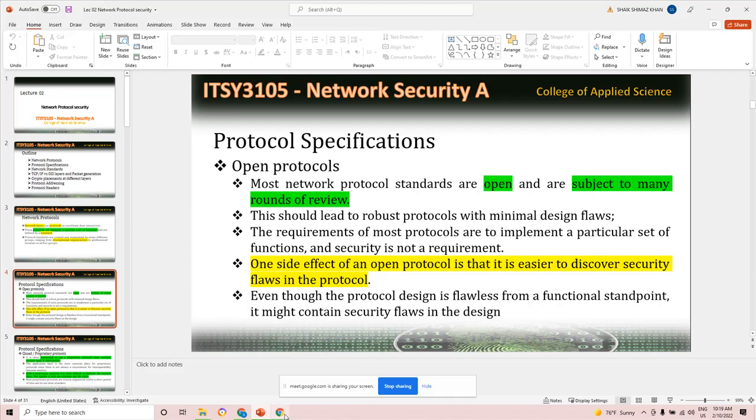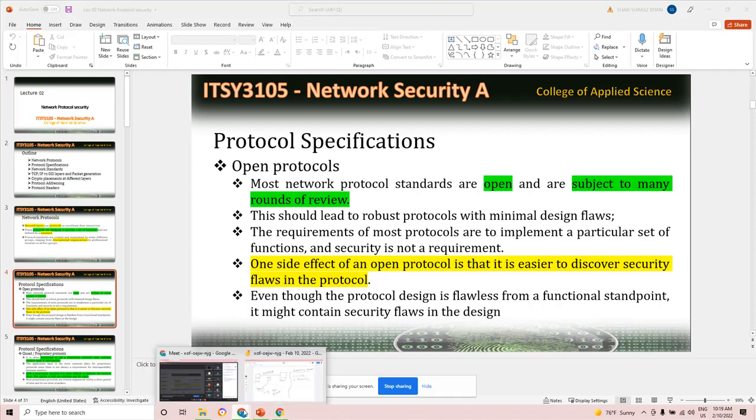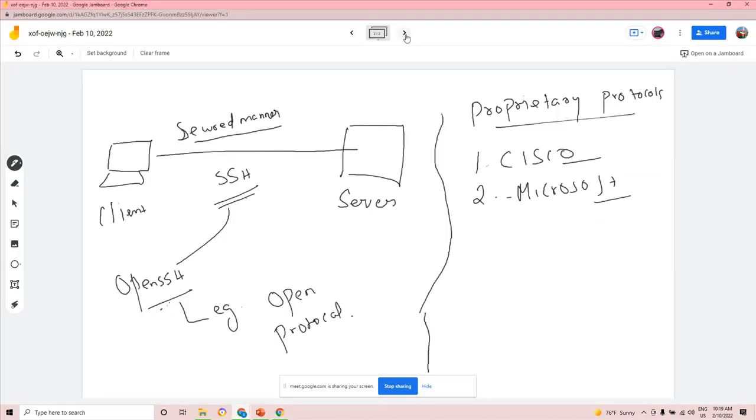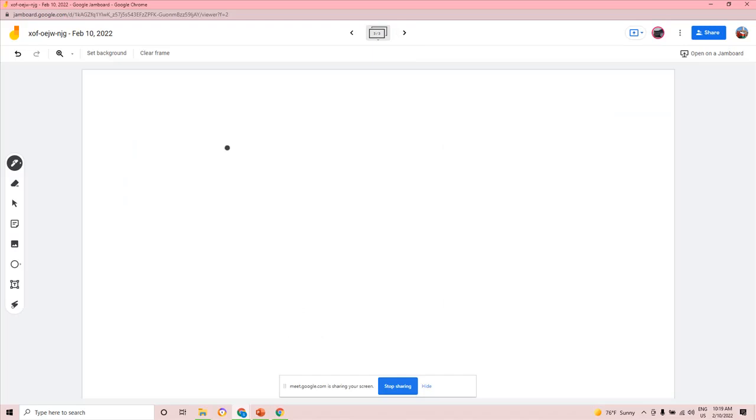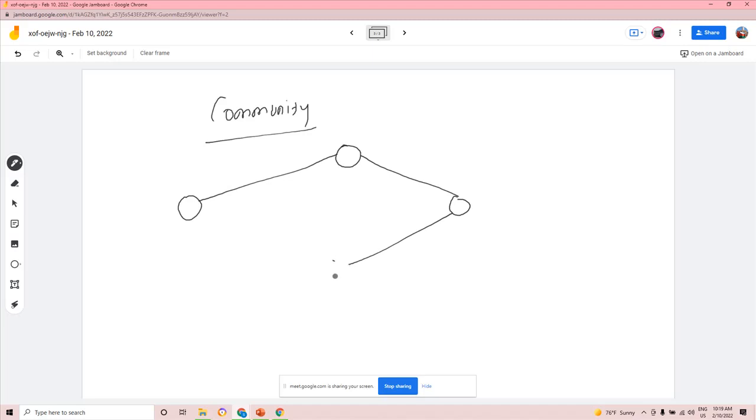They are developed by a community. The programmers and the researchers on the internet work as a community.